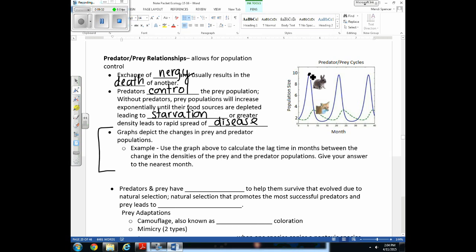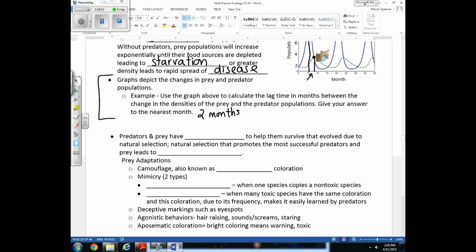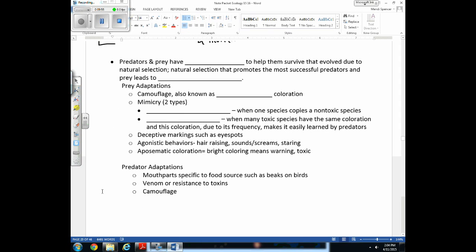You have a maximum amount of rabbits there, and then you have a maximum amount of fox there. We're just looking at that change in time between those two maximums. So in this situation, it's about 2 months. So this was just a simple calculation. It wasn't related to the formula sheet, and it had a tendency to throw students off.